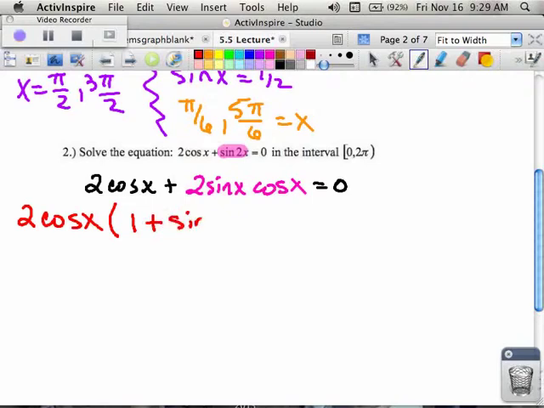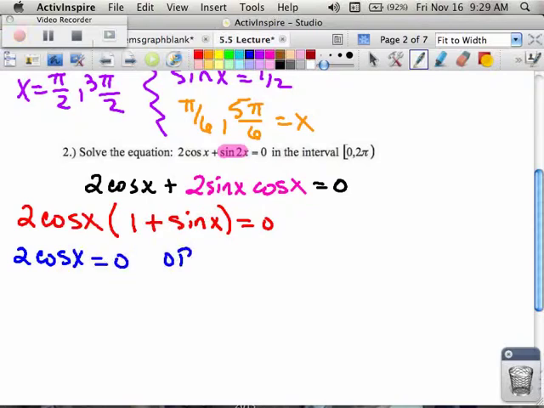The zero product property applies again, meaning that either 2 times the cosine of x is equal to 0, or 1 plus the sine of x is equal to 0. One of those two scenarios.